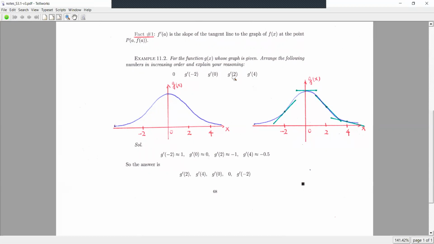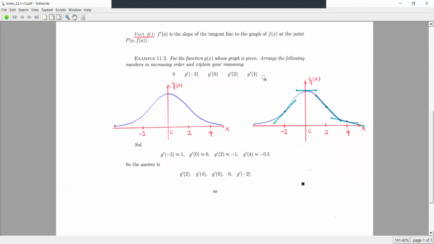This is the slope of the tangent line at the point 2. At the point 2, I draw a tangent line to the graph of the function. This tangent line, I guess, its slope is -1. So the derivative at 2 roughly is -1.